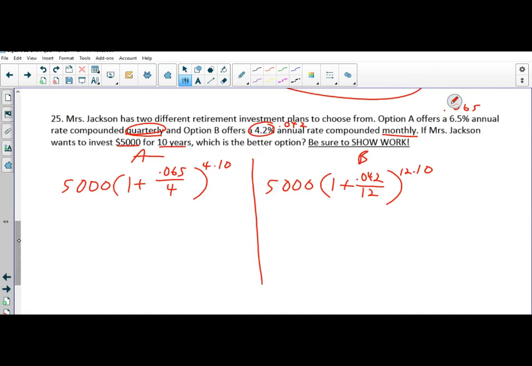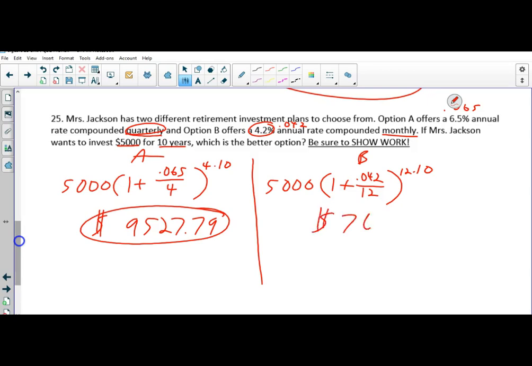0.065 divided by 4 plus 1 raised to the power of 40 times $5,000. The future value of $9,527.79 is 0.793. Do it again over here. 0.042 divided by 12 plus 1 raised to the power of 120, 12 times 10, times $5,000.